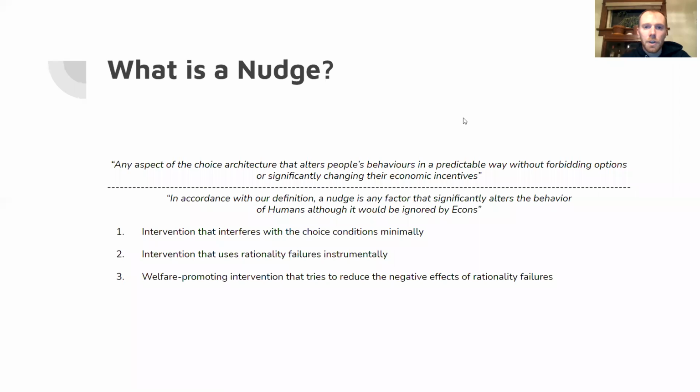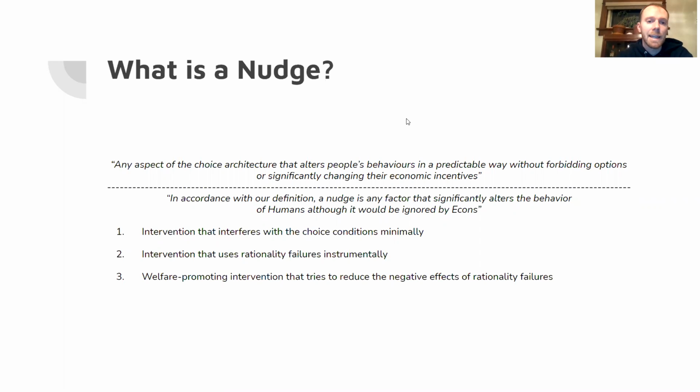So in the introduction of Nudge, Richard Thaler and Cass Sunstein give the following definition: any aspect of the choice architecture that alters people's behavior in a predictable way without forbidding options or significantly changing their economic incentives.